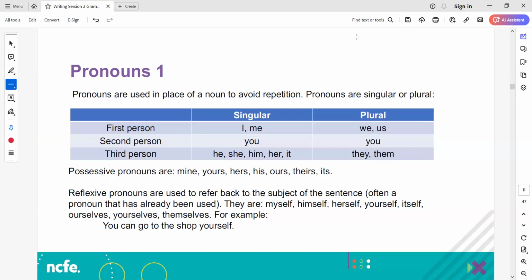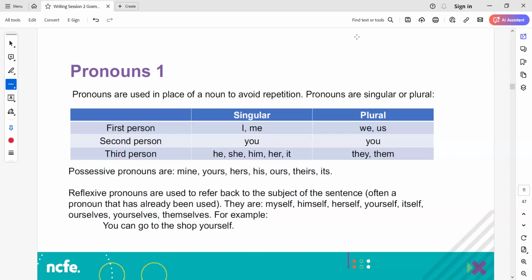So maybe that one about the shop is not a great example, but if you think about a young child, you might say, he could dress himself. So he could do that to himself. It's not about him doing it alone rather than with someone else.